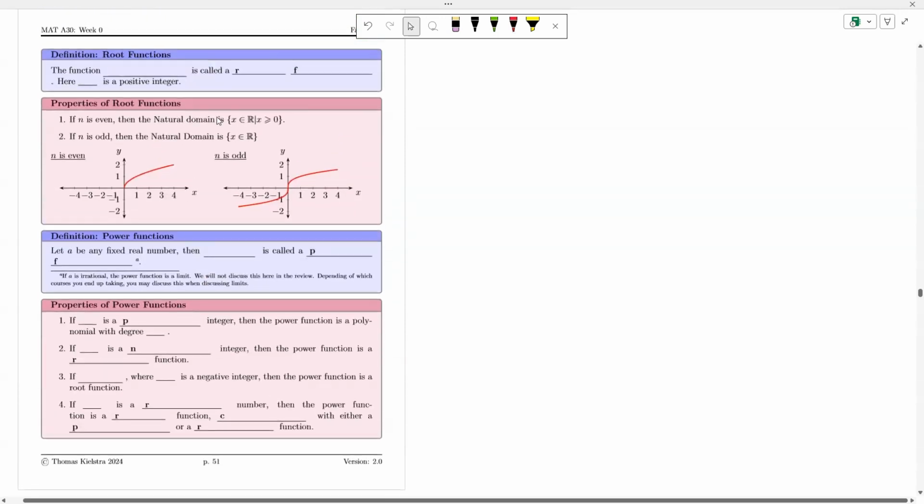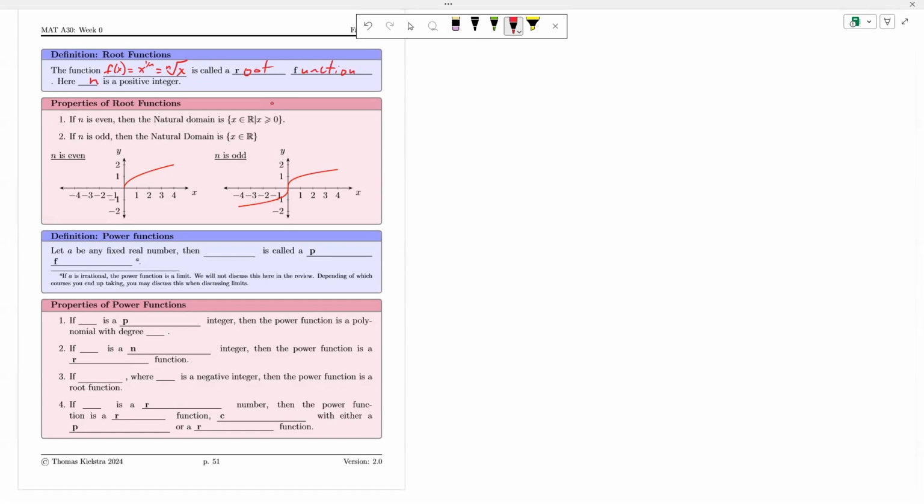Our next function is the root functions. The function f(x) equals x to the 1/n, which equals the nth root of x, is called a root function. Here, n is a positive integer. Now, there are two types of root function. We have our even roots and our odd roots.